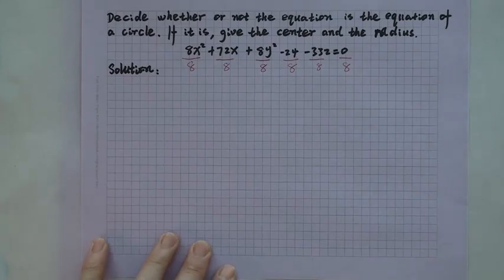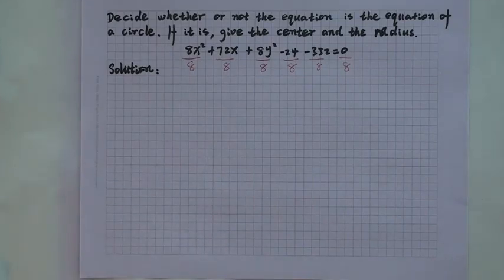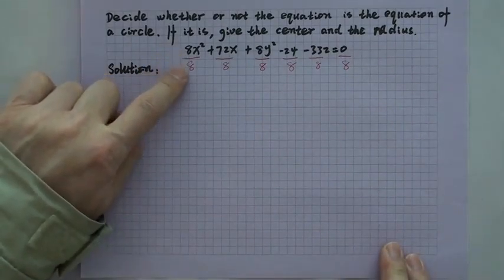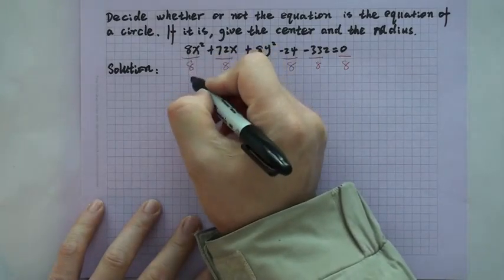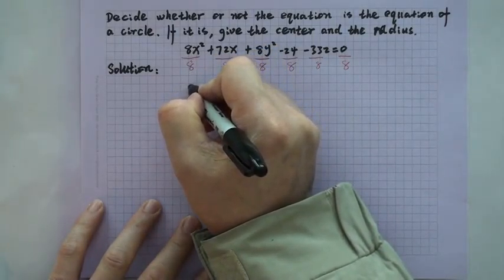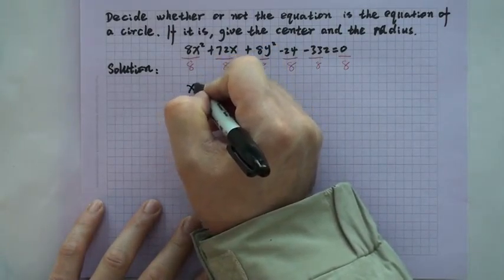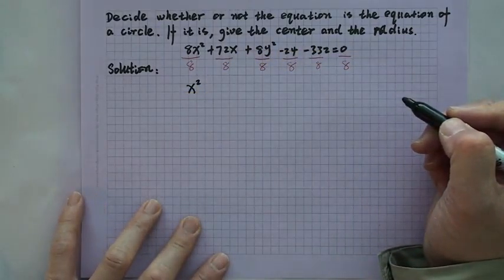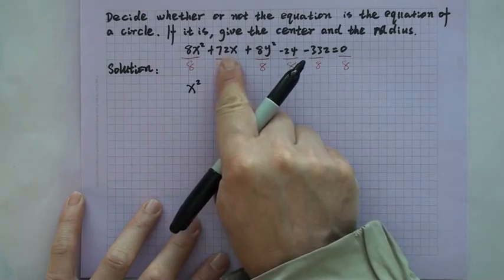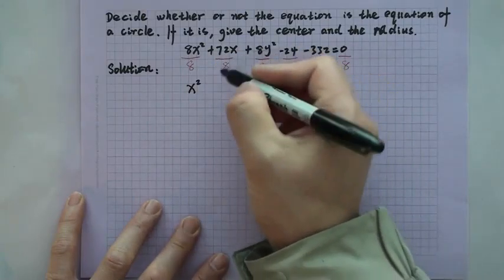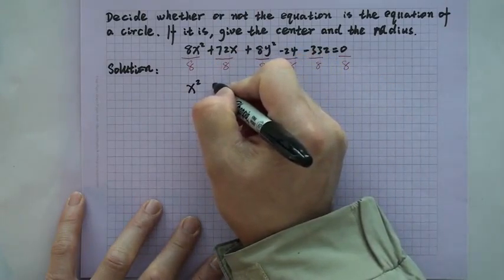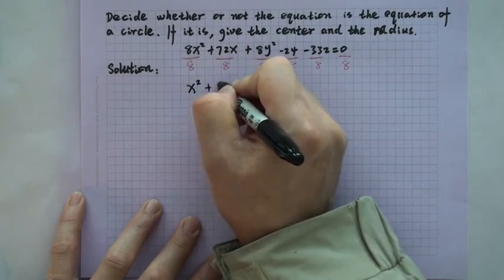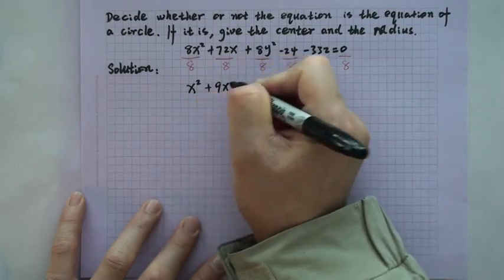Okay. Now, you can see that 8 divided by 8, that's 1. So 1 times x squared is x squared. And 72 divided by 8, that's 9. So you make plus 9x.